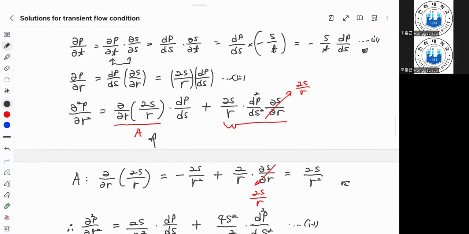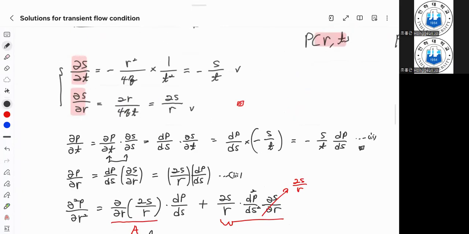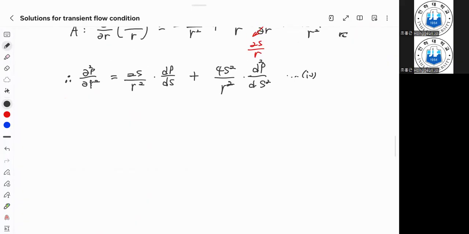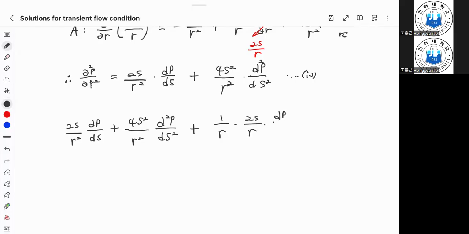By replacing equations 2, 3, and 4 into equation 1, what we will get is 2s over r squared dP ds plus 4s squared over r squared d2P ds2 plus 1 over r times 2s over r times dP ds equal to 1 over eta times minus s dP dt.